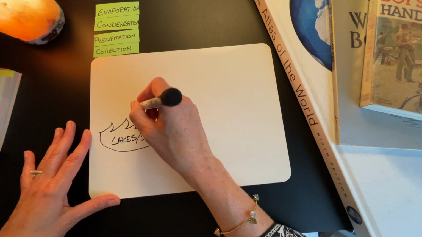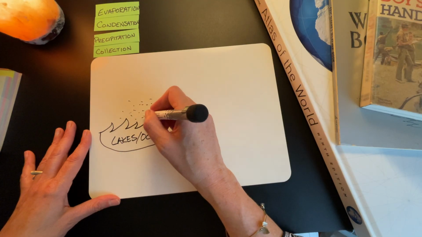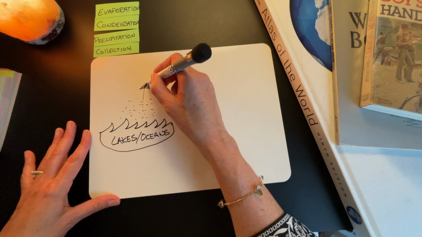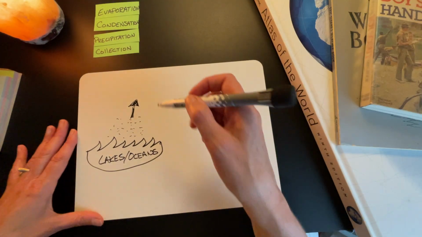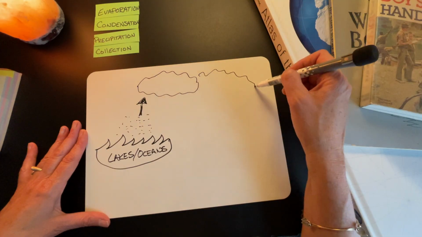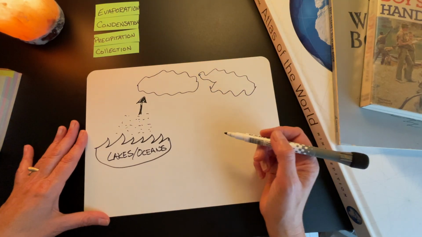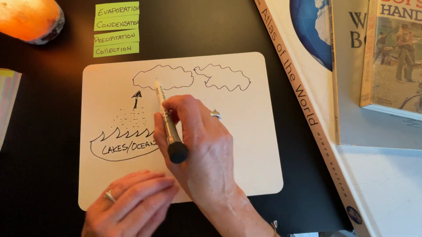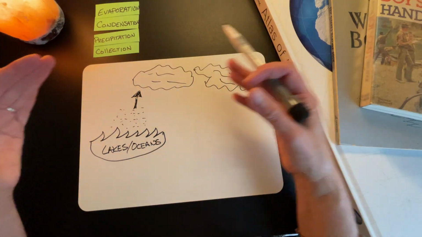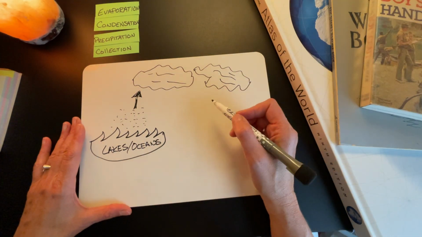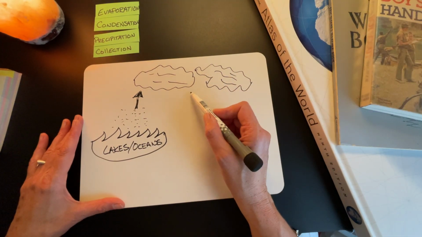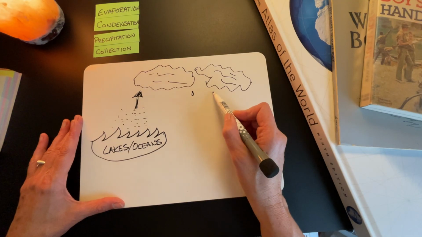And they evaporate into the clouds and become clouds in the sky. And then the clouds, once they're heavy with water, or if the weather, heat and cooling change that cause them to condense, they will condense and create droplets or hail that will fall.